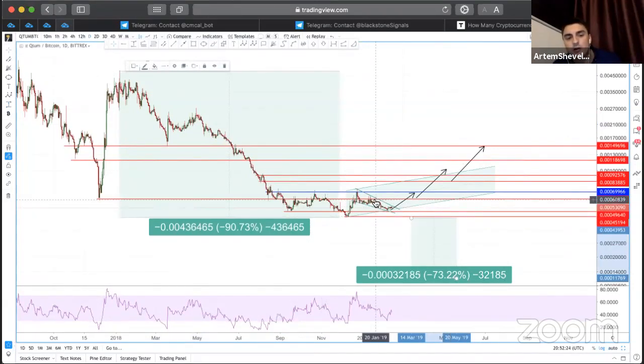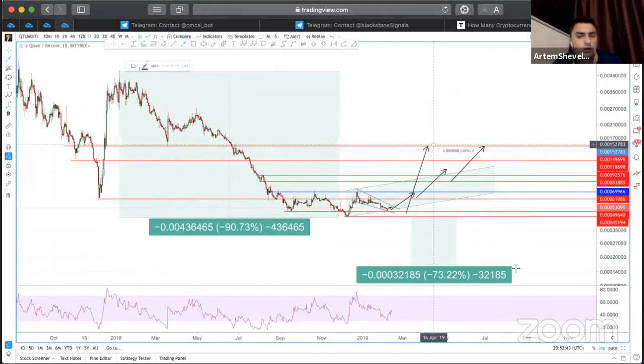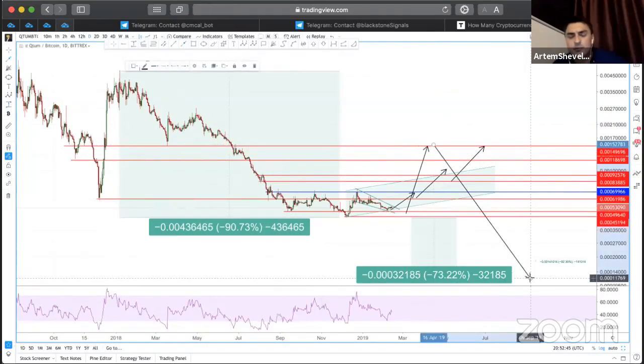It's way smaller than the move, because this correction is more like the correction for the previous move. So, well, we need a bigger correction. We need a correction here. And after this, okay, new lows go down again, 90% down. Okay, I'm fine with this.